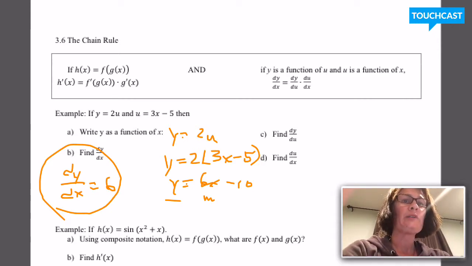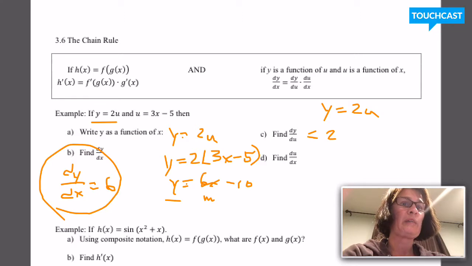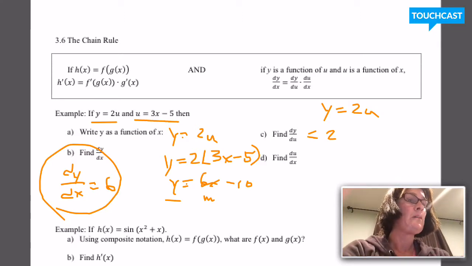So dy/du, if y equals 2u, well, what's the derivative with respect to u of 2 times u? That's just equal to 2. And what's the derivative with respect to x of u?